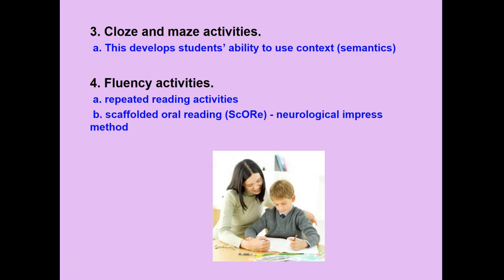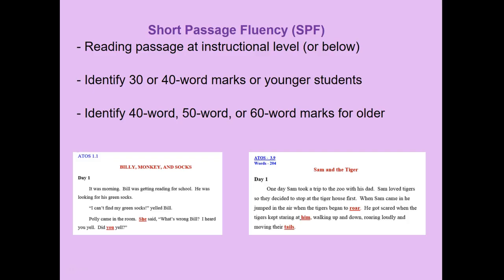And if fluency is an issue, there should be some sort of fluency activities. Repeated reading activities, there's a variety of them that you can use, as well as scaffolded oral reading, which is similar to the neurological impress method. Here is short passage fluency. I like this for low-level readers who sometimes get overwhelmed if they're asked to read for a minute.